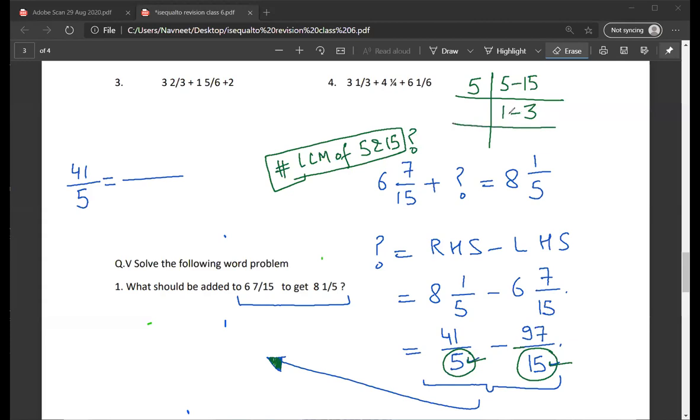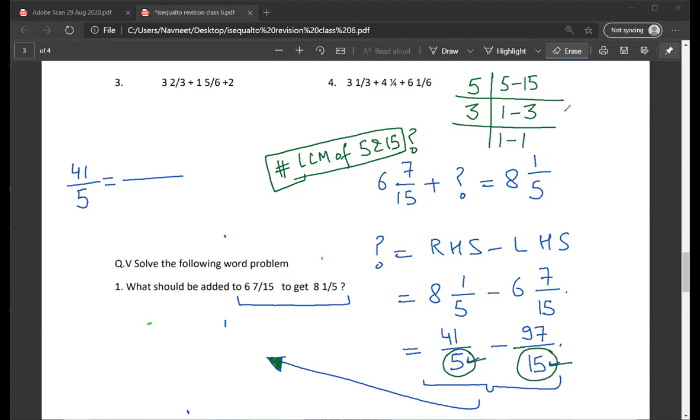Now I only have 1 and 3. The only common factor is 1. Except 1, there is no other common factor. So I ignore this and I divide 3 by 3 and the answer that I get is 1. Mr. Satya, have you understood?